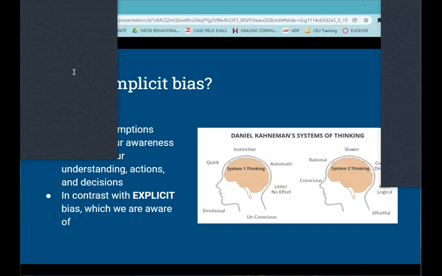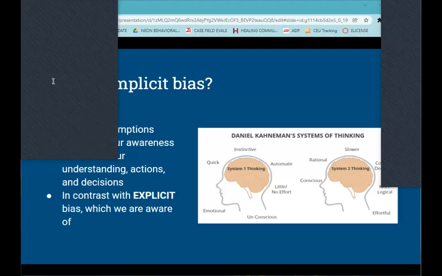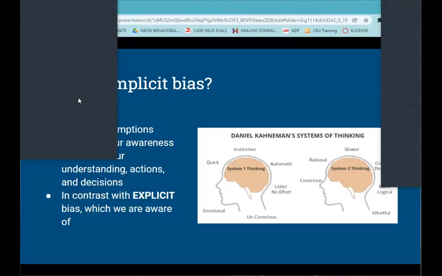I think it's really important to note that sometimes there is a bias that is just very general, like a discomfort or a dislike or a disgust related to a certain group of people. And sometimes it's more specific.